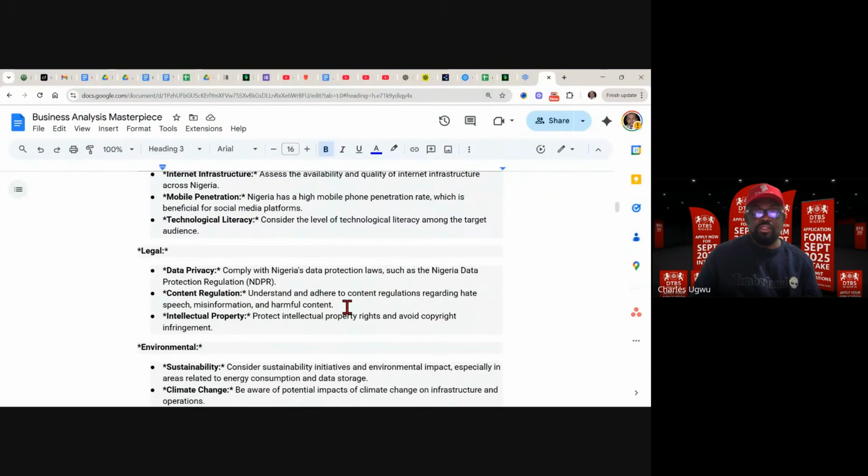And I hear that the National Assembly is trying to pass another law saying that as a content creator, there are some areas in content creation you cannot venture into unless you are certified, or you have a certificate showing that you have the required knowledge to talk about it.